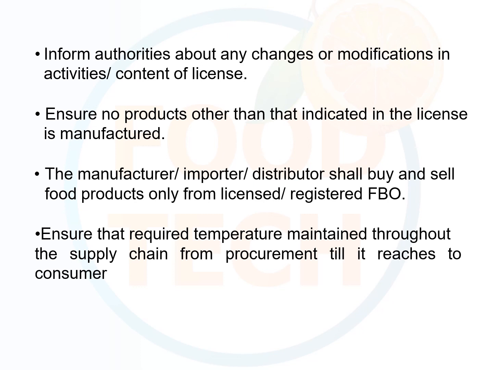The manufacturer, importer, or distributor shall buy and sell in such a way that, if he or she is a manufacturer, then he or she should sell the goods manufactured in the food processing unit to the importer or distributor who has the license or registration from FSSAI itself, not to another person.